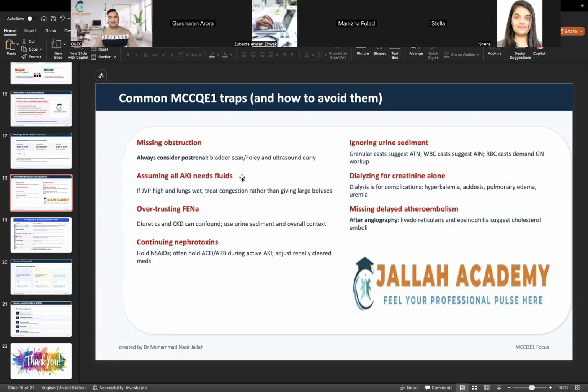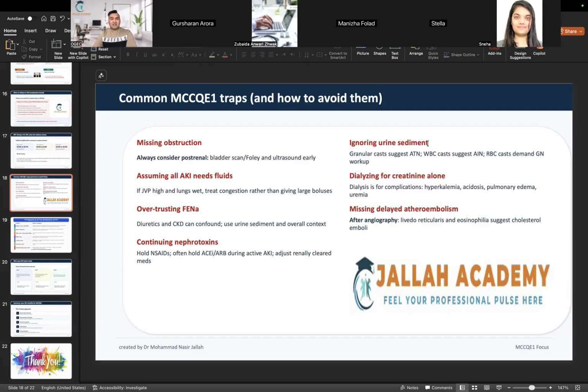Continuing nephrotoxin: obviously, as soon as you diagnose it, you ask the patient, are you taking any sort of medication? If the patient says yes, whatever it is, just stop it. Especially if it is PPI, if it is SADMAN. SADMAN, I think I do have the mnemonic. SADMAN is the whole thing. We can discuss it when we are doing the cases.